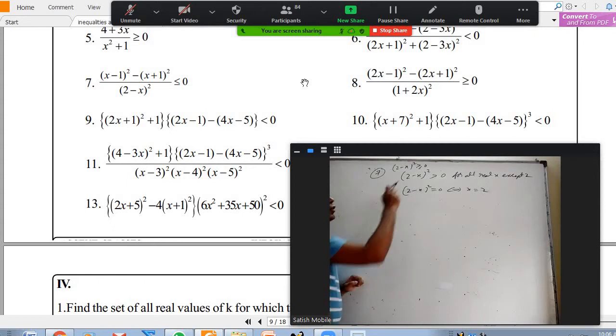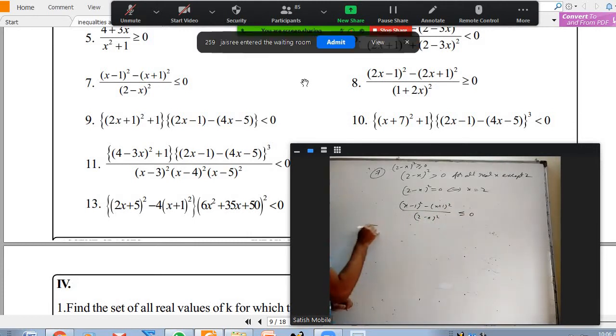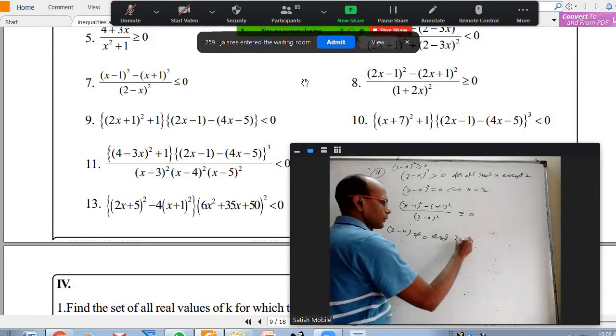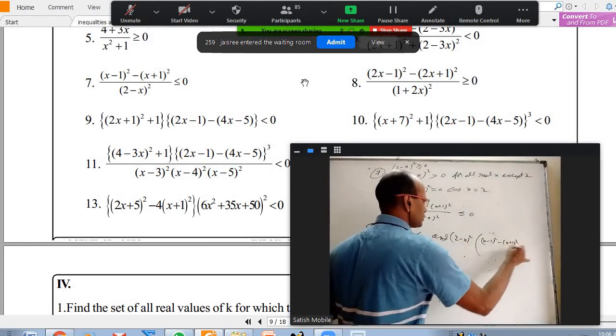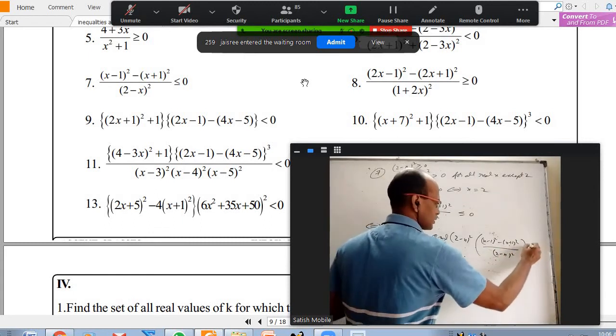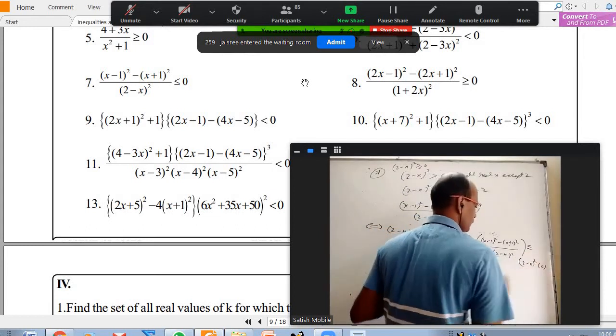Now because the rest of the time it is positive, I can multiply with that. So x minus 1 whole square minus x plus 1 whole square by 2 minus x whole square less than or equal to 0 implies we should write 2 minus x should not be 0, and now you can multiply 2 minus x whole square on both sides.